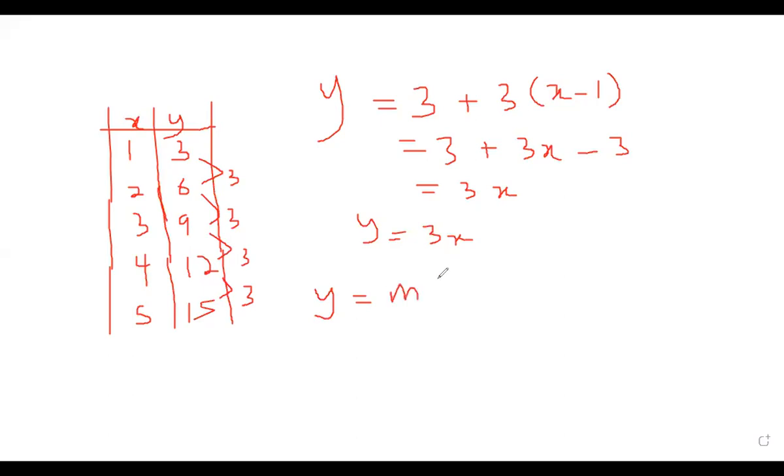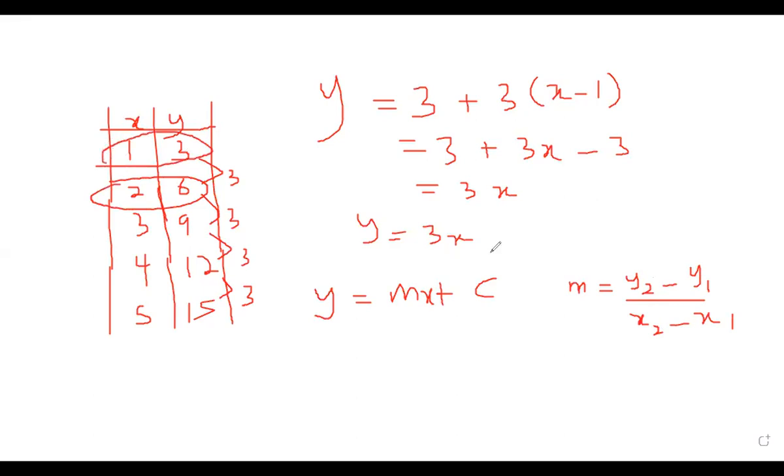So we can have something in the form of mx plus c, where m is the gradient. So m is (y2 minus y1) over (x2 minus x1). It means we can select any x and any y. So we can select this as y2, x2, and this as y1, x1.